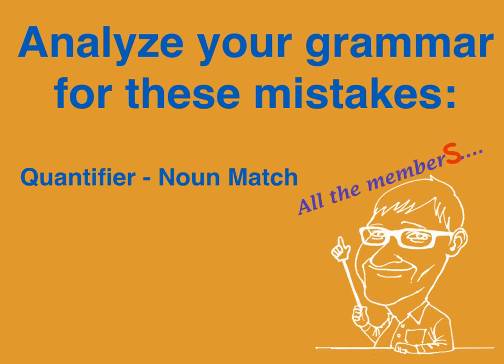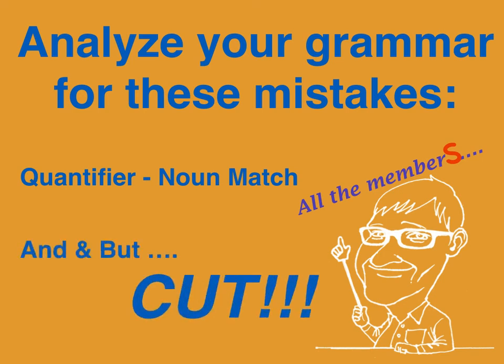So, read everything you write looking for these points. Make sure the quantifier, like all, matches with the noun, members. And stop using and, but with capital letters. Get in the habit of checking for these. Your writing will get better.